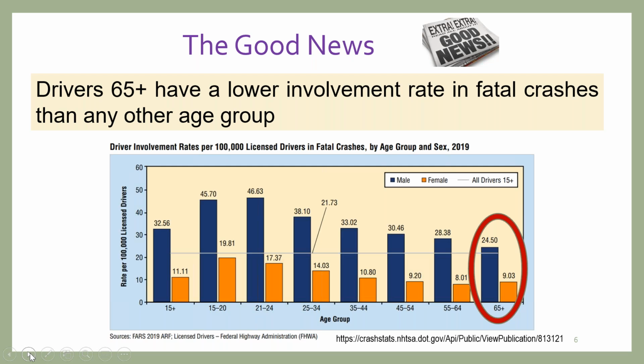Perhaps less likely to intentionally be operating a vehicle while under the influence. And yes, there are, of course, issues with medications and how medications can affect us as drivers. But generally speaking, if we look at the behavioral aspects of driver safety, older drivers tend to be in that better behavioral category. Again, a generalization.